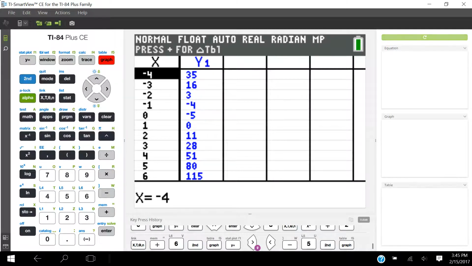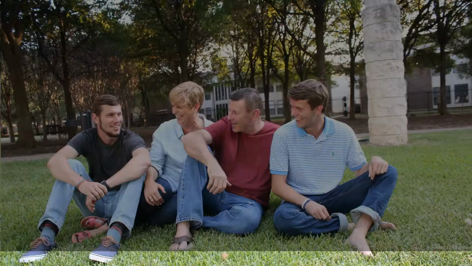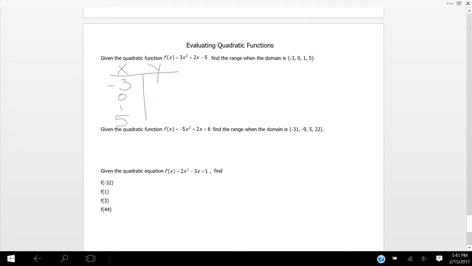Okay, so hopefully you wrote down those answers on your foldable, because I'm going to do that too. So this was 16, -5, 0, and 80. So if I wanted to match my range, I would do just like that.